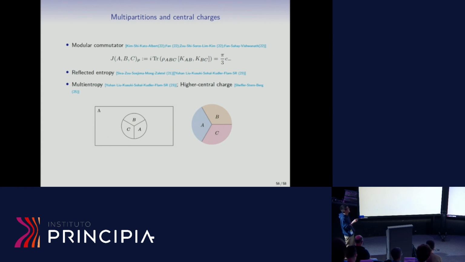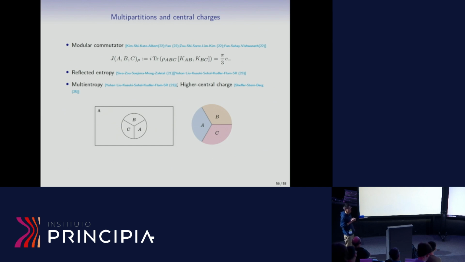You focus on this region ABC and outside, but within this region ABC, you consider the reduced density matrix for this disk, and then K_AB is the entanglement Hamiltonian for the reduced density matrix AB and BC, and you take a commutator. Okay, so this is called the modular commutator, and these papers show that this modular commutator is related to the chiral central charge. Okay, so this is another nice result.